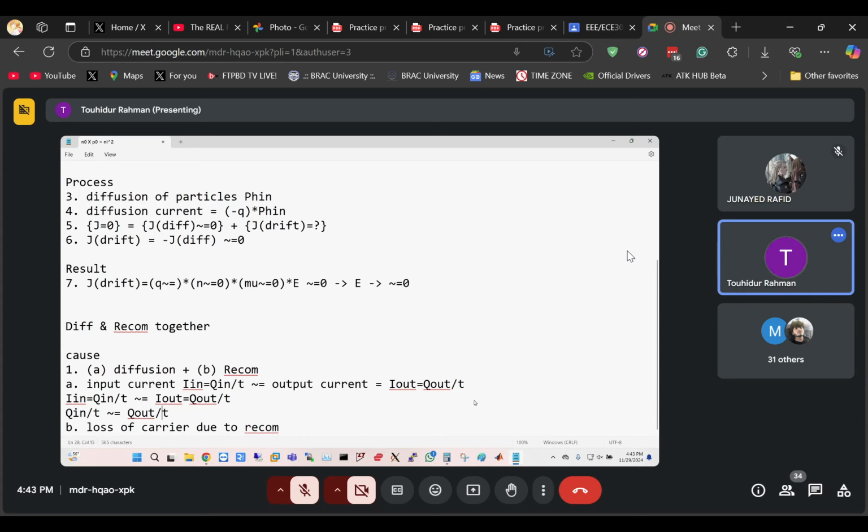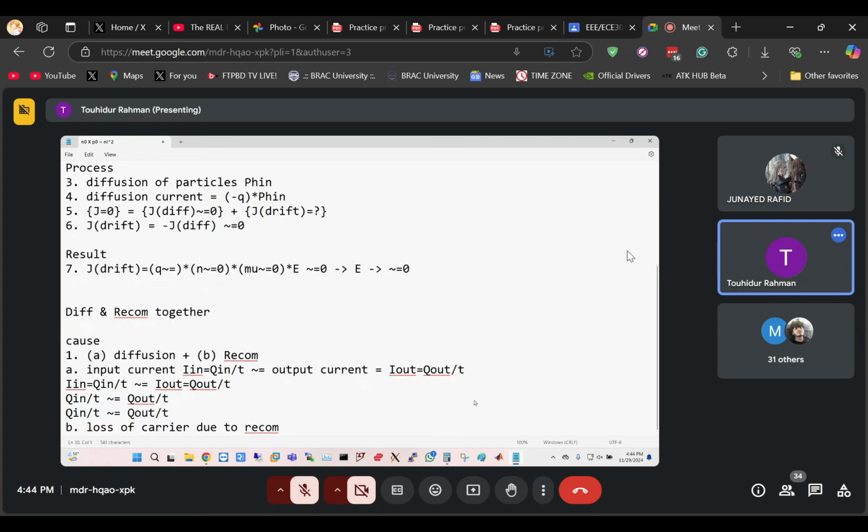Okay. So T and T, we can cancel out T and T. So what does it say? Input charge is not the same as output charge. That means, is there any difference? Yes, sir.